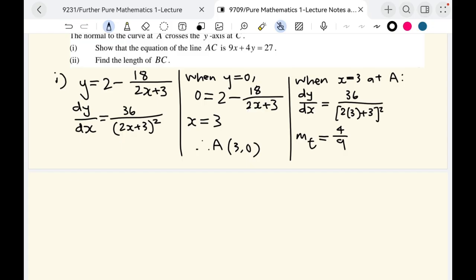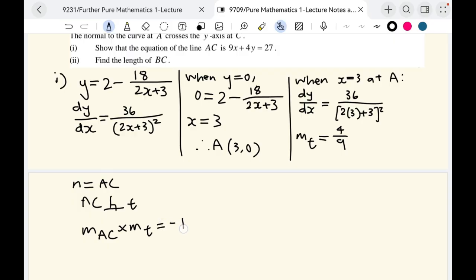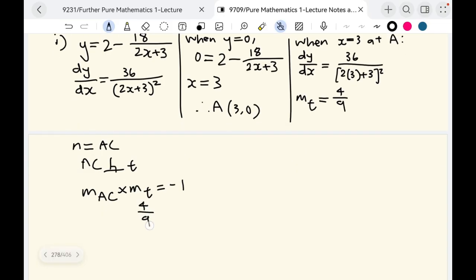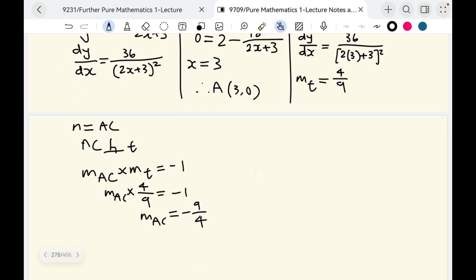Okay, normal is equal to the AC. So AC is perpendicular to the tangent. Therefore, the gradient of AC times the gradient of the tangent is equal to -1. Okay, tangent is 4/9. So the gradient of AC is -9/4. Because A (3, 0) is one of the intersection points of the equation AC, you can write (y minus 0) divided by (x minus 3) is equal to -9/4.